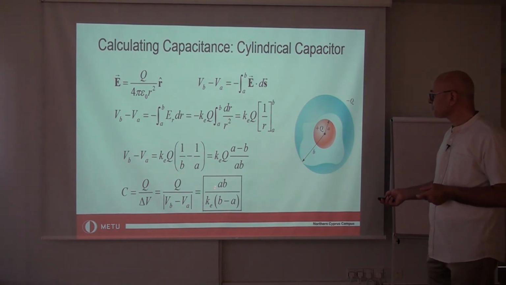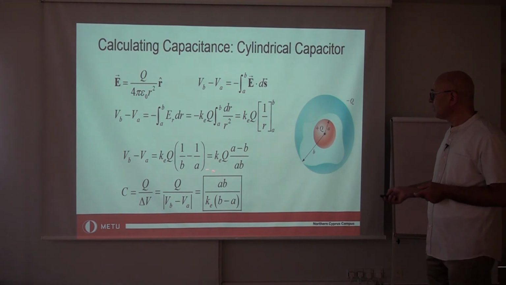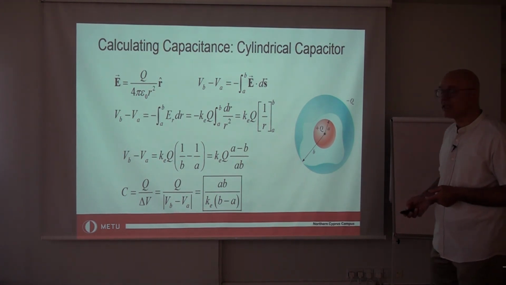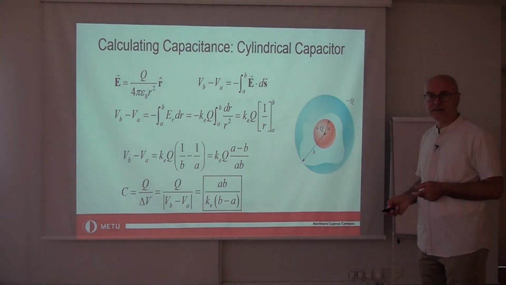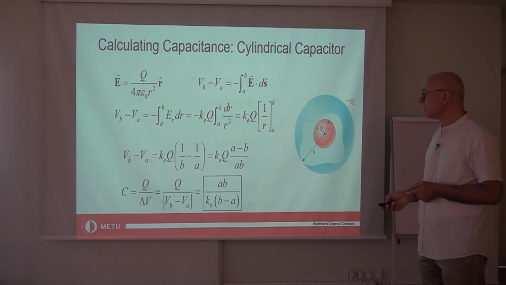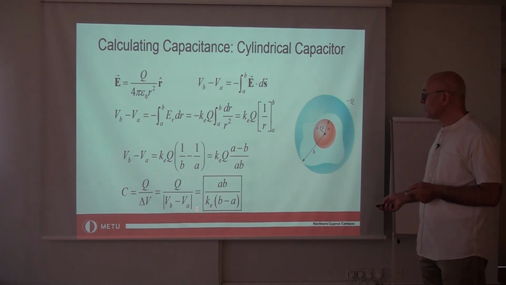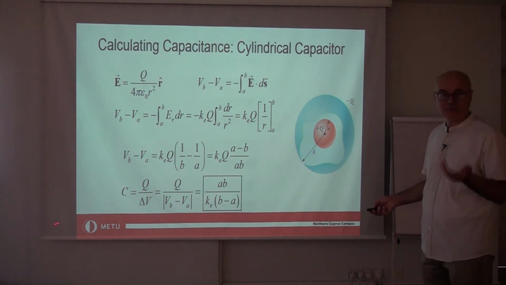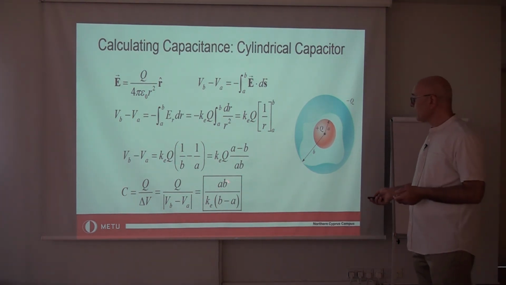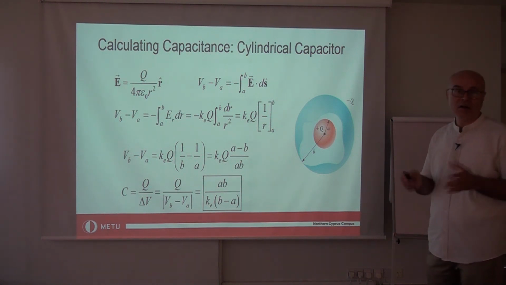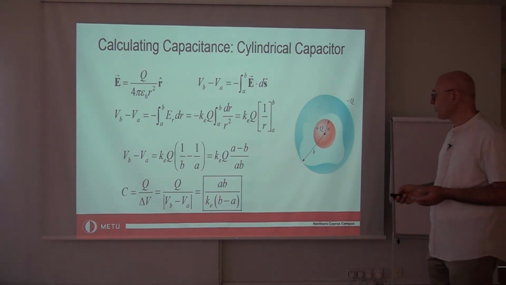When we take the absolute value, this is the expression that we get for the capacitance of a spherical capacitor. As you can see, the only thing that it depends on is K, which contains pi epsilon naught, and the radii of the two spheres that form the capacitor.